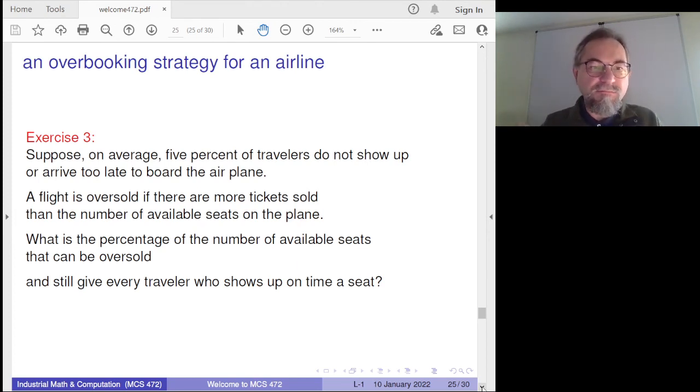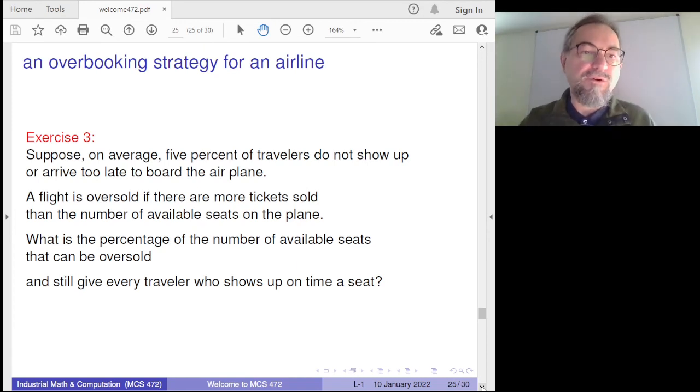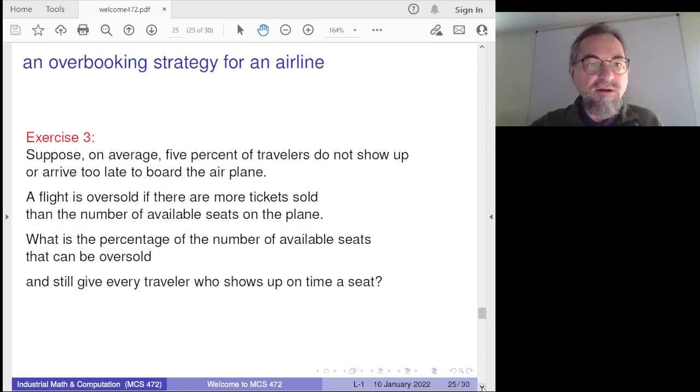So now we have 5/100 instead of 1/3. We had the number of emails that were sent out. Here you want to know the number of tickets that you can sell for a fixed number of seats in the airplane. That information is not given, but you can work, say, with a fixed number of 100. Sounds like a good number for seats. Again, the purpose of this exercise is that you look back at the binomial distribution.